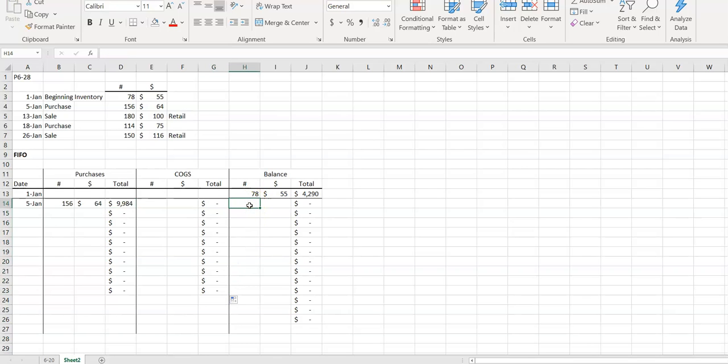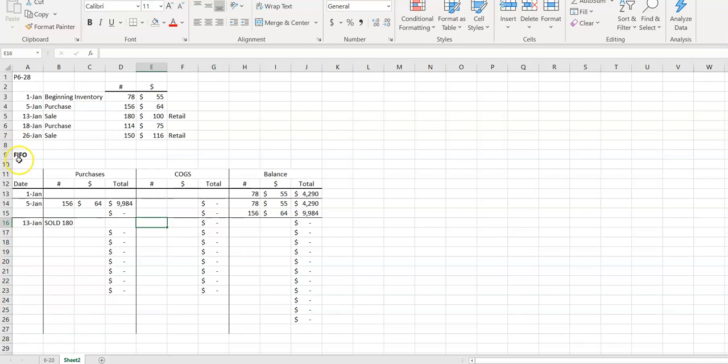All right, so then when you come over here to the balance, you need to bring the 78 down first, and then put in the 156 at 64. And then draw a line. Then I have the 13th, and I sold 180 of them.